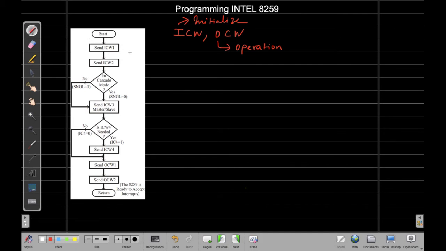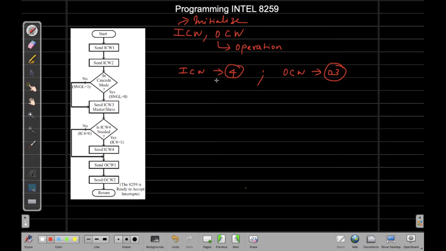The first step in programming 8259 is sending ICW1. 8259 has a total of 4 ICWs and 3 OCWs. Of the 4 ICWs, not all are mandatory.